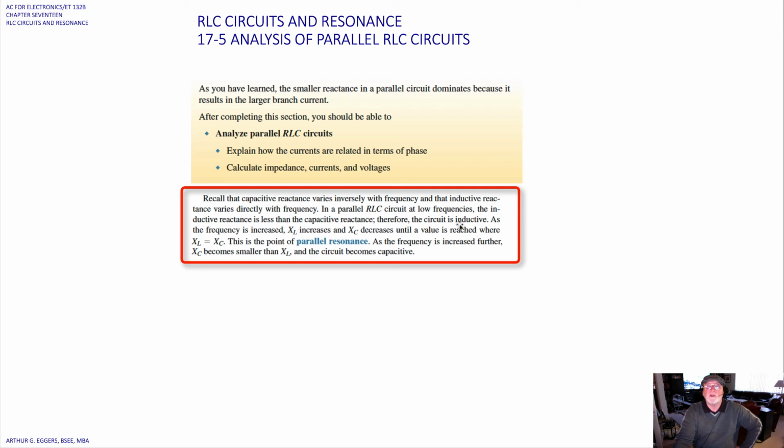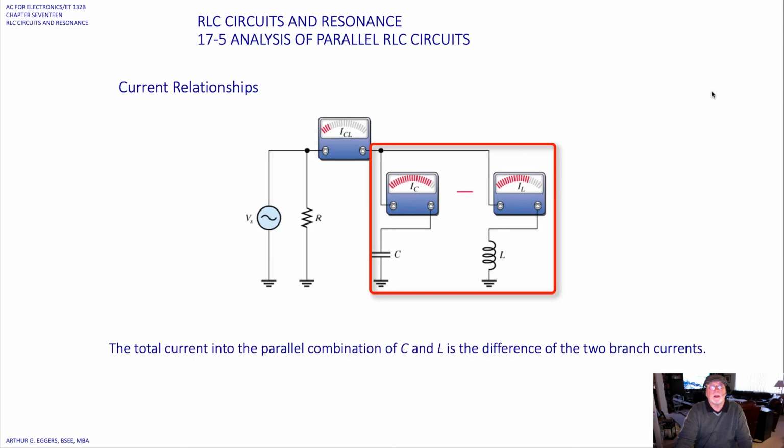Therefore, the circuit is considered to be inductive. As the frequency increases, X sub L increases and X sub C decreases until a value is reached where X sub L is equal to X sub C. That's our parallel resonance. As the frequency is increased further, X sub C becomes smaller than X sub L, and then the circuit becomes more capacitive.